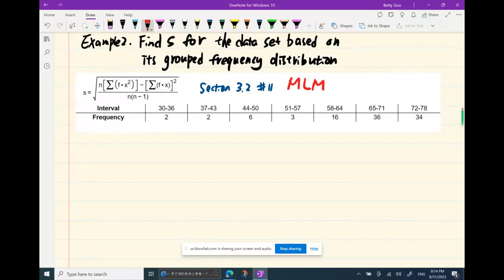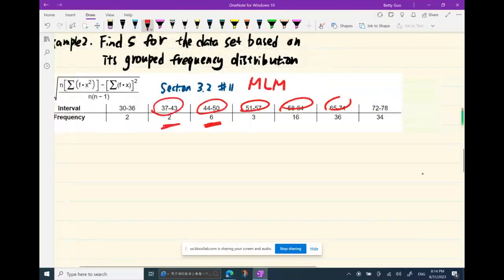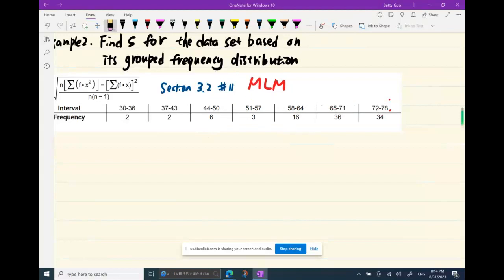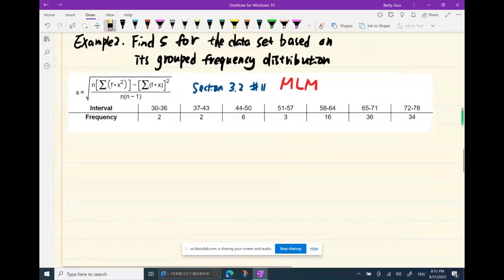That means in the data set, 2 values fall between 30 and 36. Second class, 37 to 43, we have 2 values fall there. The next class, 44 to 50, we have 6 values, and so on. The last class, 72 to 78, we have 34 values fall in that range. So that's how we understand the grouped frequency distribution table. I hope you still remember that.